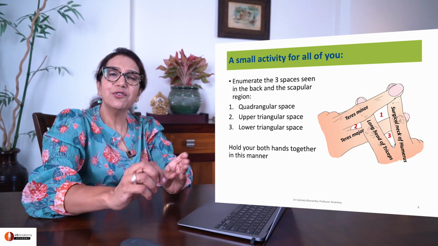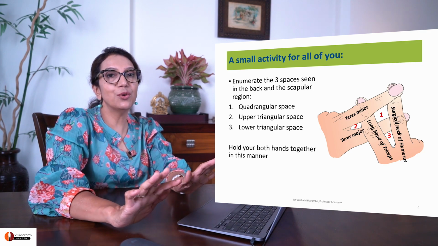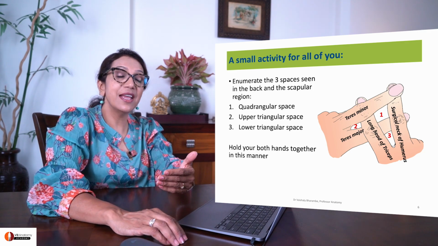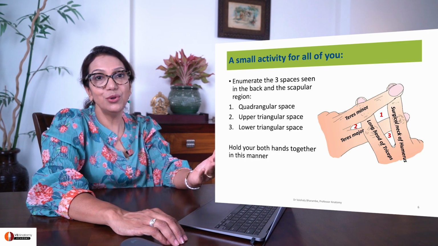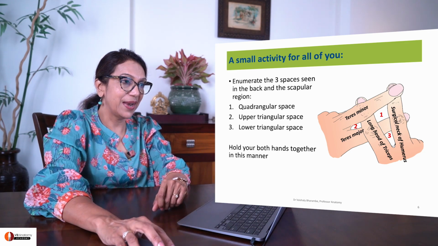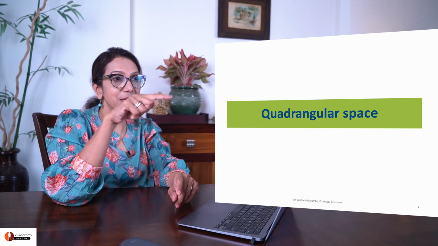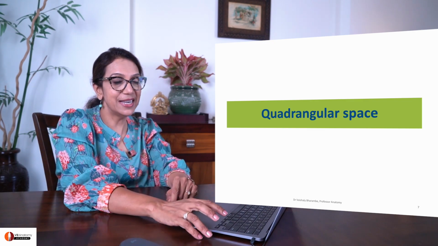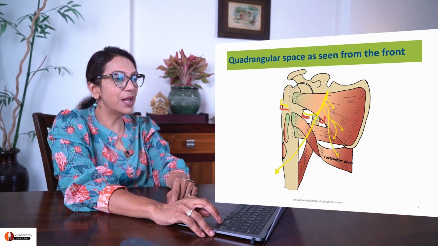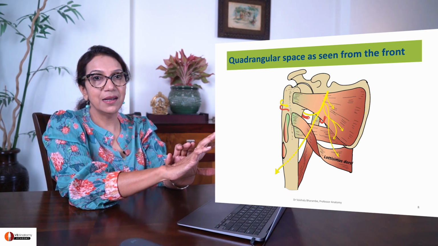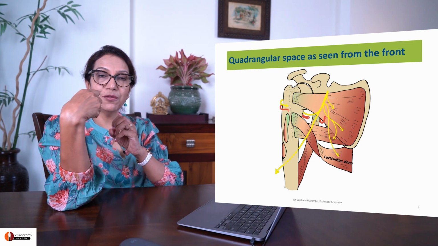This is the way traditionally students have been studying quadrangular and triangular spaces. It's a very effective method. You should use it too. So quadrangular space means I'm going to look for something which has 4 boundaries. Now this is a dissected specimen seen from the front.